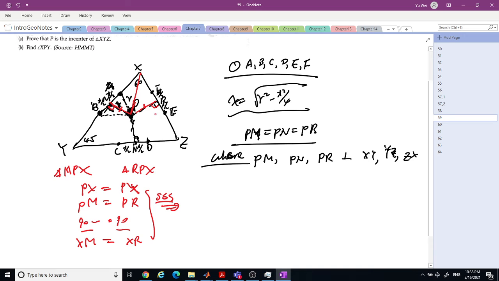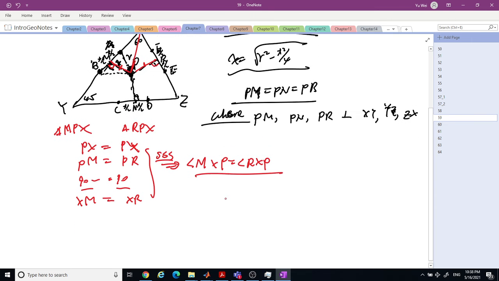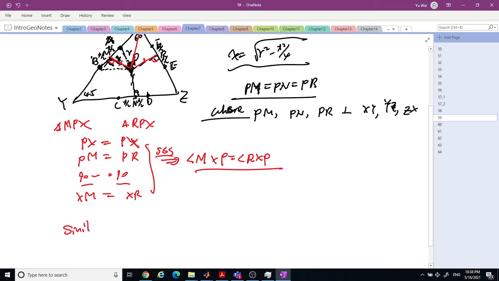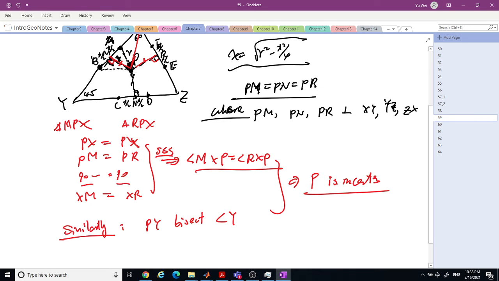If these two triangles are congruent, then the angle MXP is equal to the angle RXP. Similarly, we can also prove PY bisects angle Y. So these are two angle bisectors, right? So we know P is the in-center.